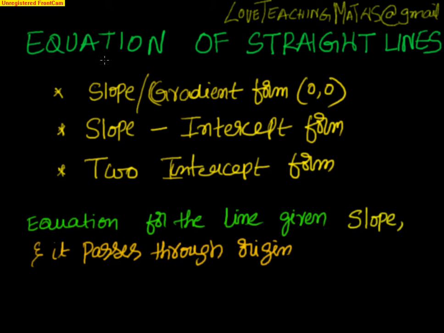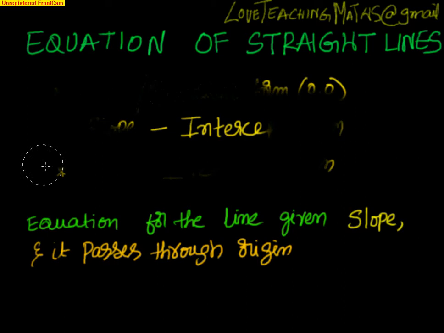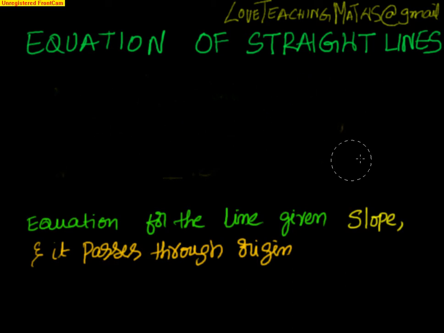Okay. Now I'll erase this part so that I can find the equation. Okay, that should be fine. Let's go back. Let's say I have been given the equation of the slope. As I said earlier, all these equations of straight lines revolve around one basic concept.